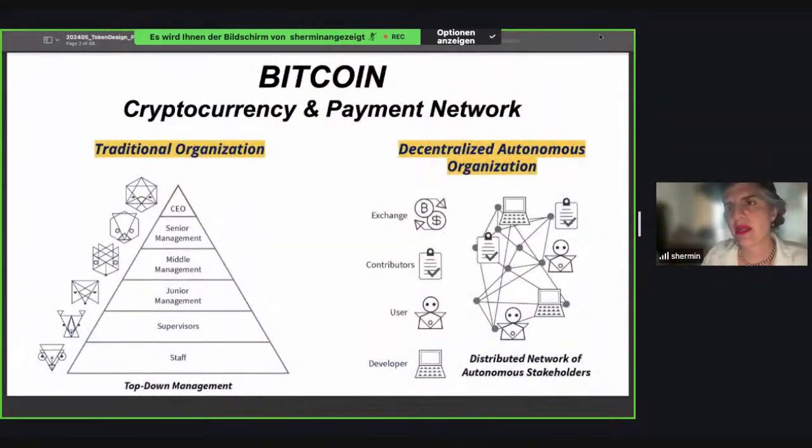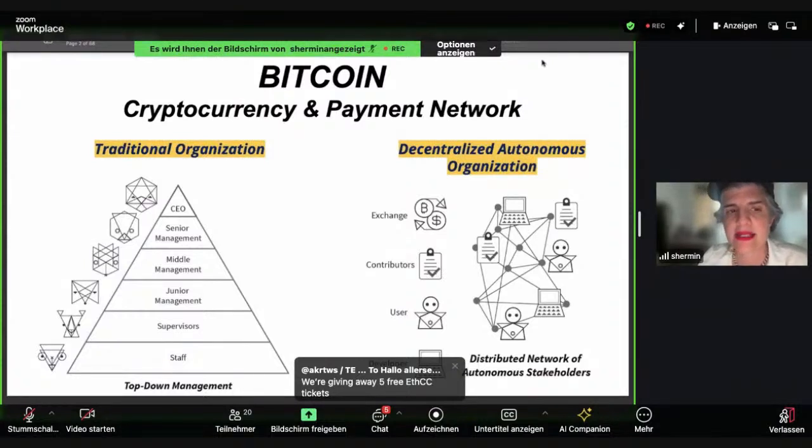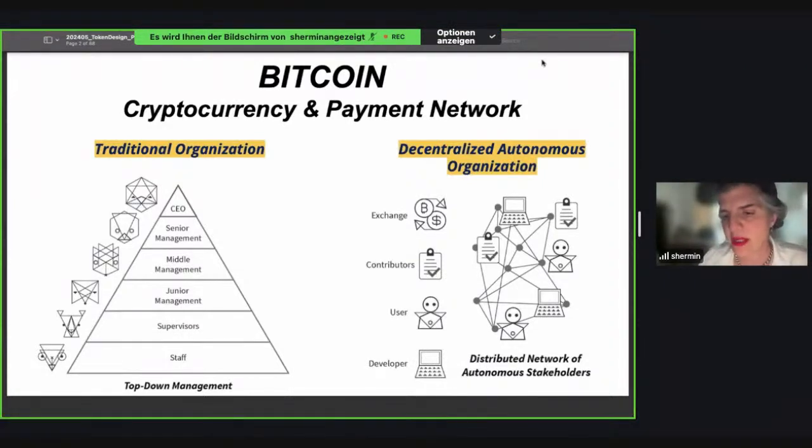If you remember, in our first session, we went through the Web3 use cases, and we looked at this slide, and basically Bitcoin is more obviously than the currency. It is a collectively maintained payment network, and as such represents something like a decentralized autonomous organization, which is operated by a distributed network of autonomous stakeholders.